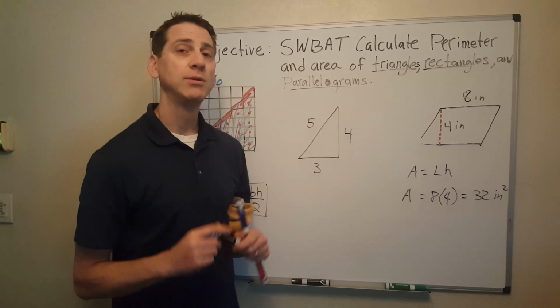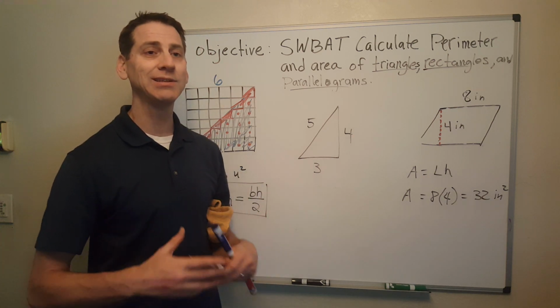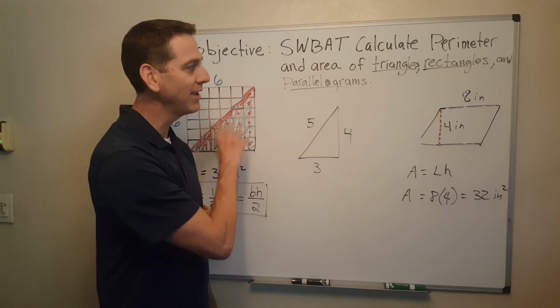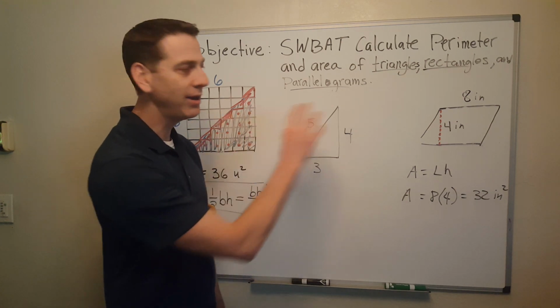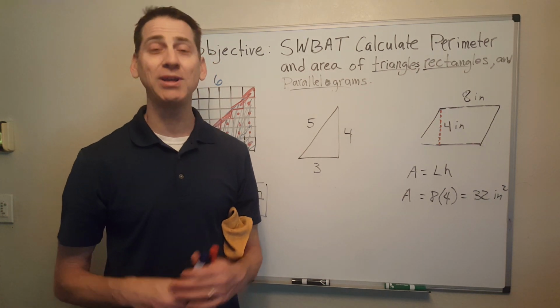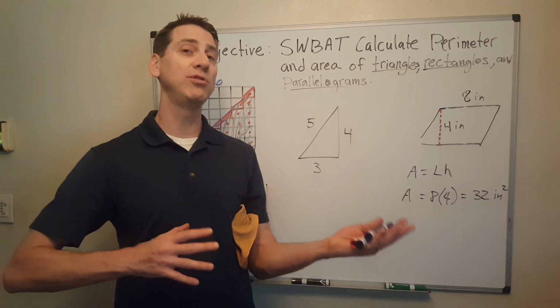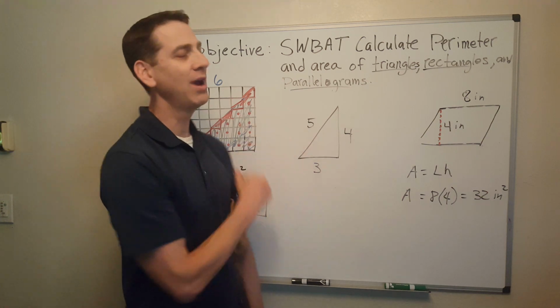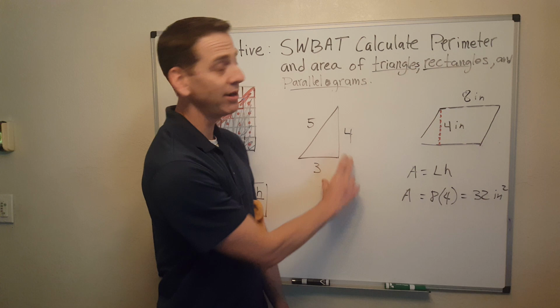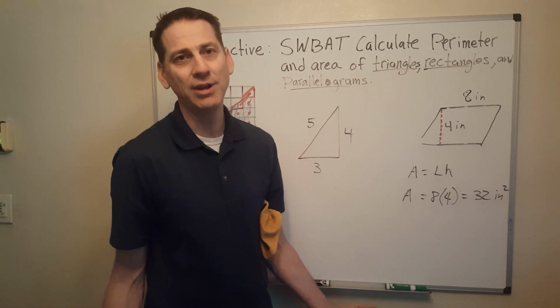Well, remember, perimeter just means the distance around. And when we work with rectangles and parallelograms, we could make a nice fancy formula, right? Because some of the sides were equal to the other sides. But for a triangle, the 2 legs of the triangle could be the same, but oftentimes they're not.